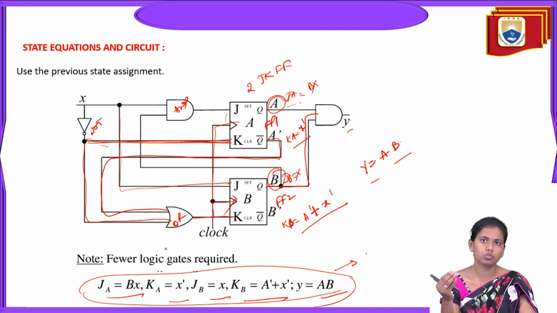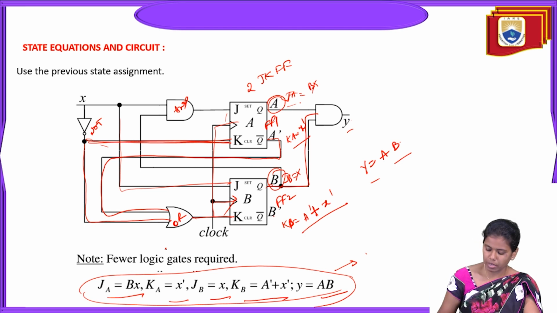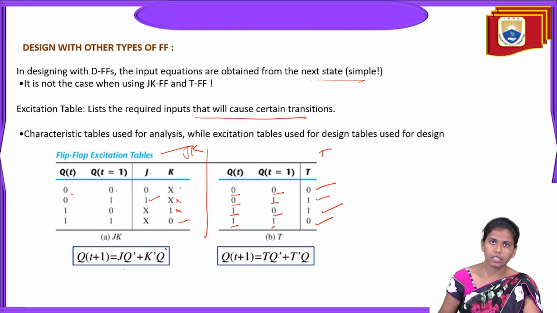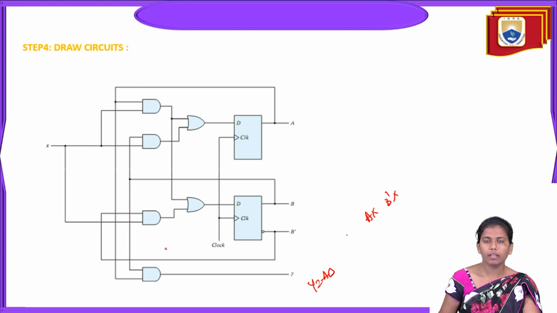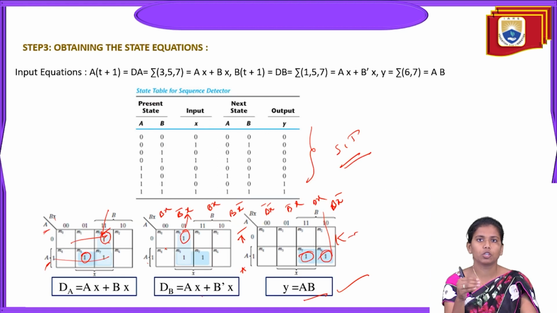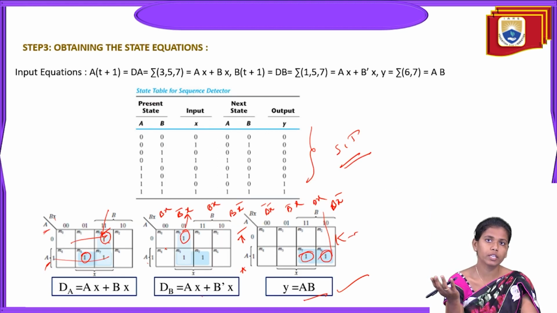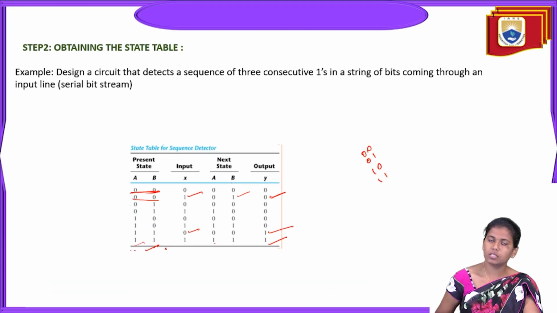For simplification, we make use of two categories, that is Mealy and Moore. In Mealy, the output depends only on the present state of the inputs, whereas in Moore machine, the output depends on the present state as well as the past states of the input.